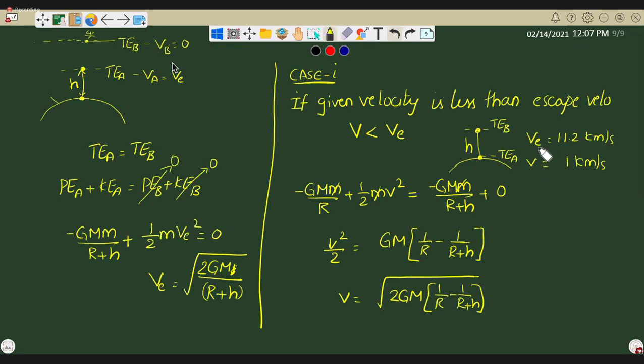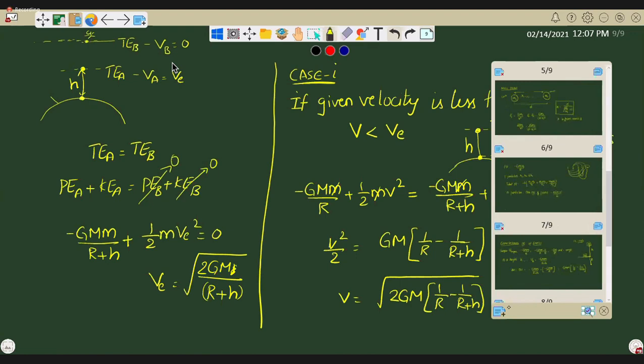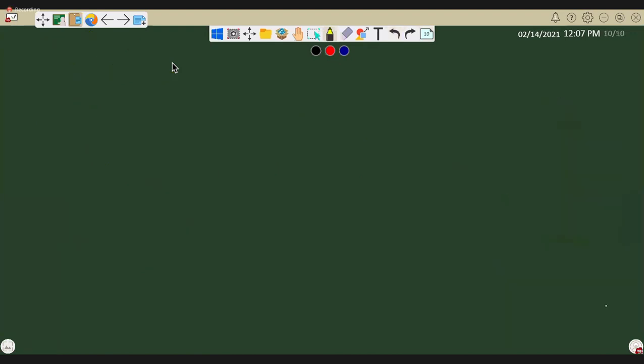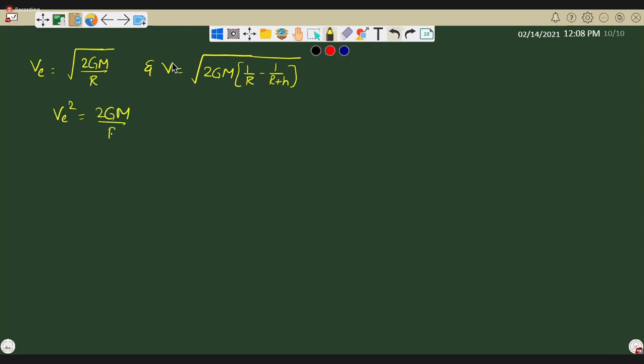We have to convert this whole formula in terms of VE and V. We know VE is under root 2GM divided by R. And we got V is equal to under root 2GM into 1 by R minus 1 by R plus H. Now see, VE square is equal to 2GM divided by R, and V square is equal to 2GM into 1 by R minus 1 by R plus H.